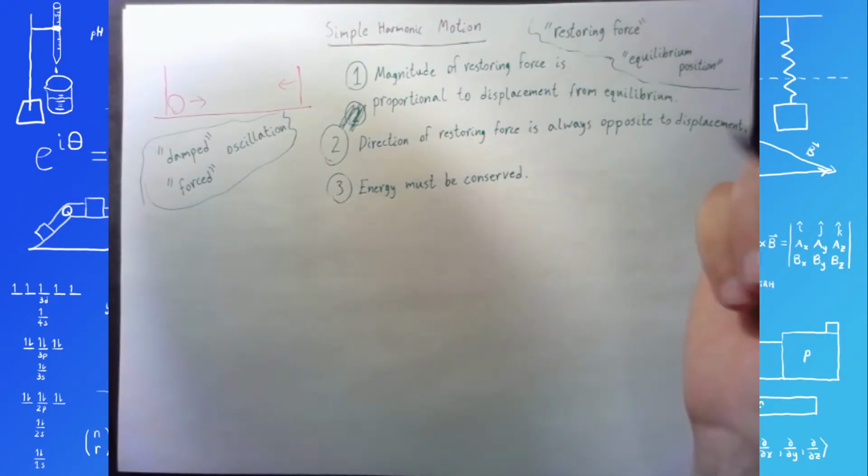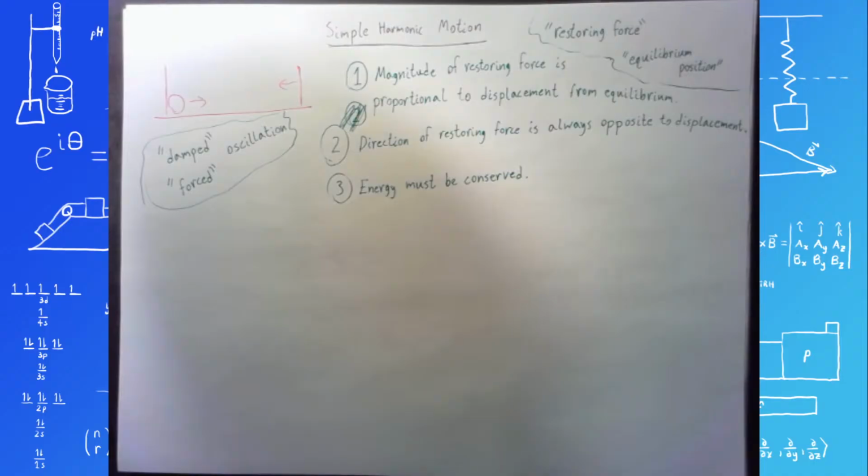So going back to the three conditions, the first two conditions can really be just condensed into a single condition. If you want, you can summarize them with a simple mathematical expression.